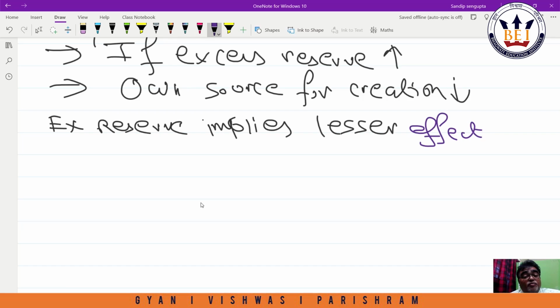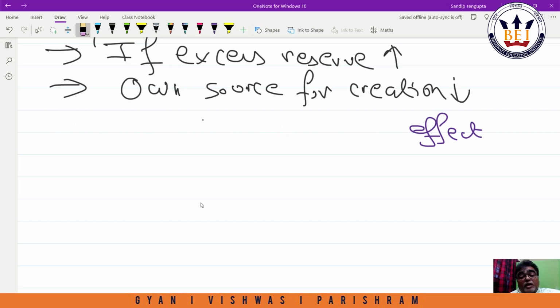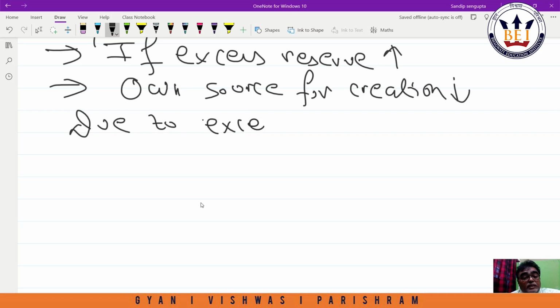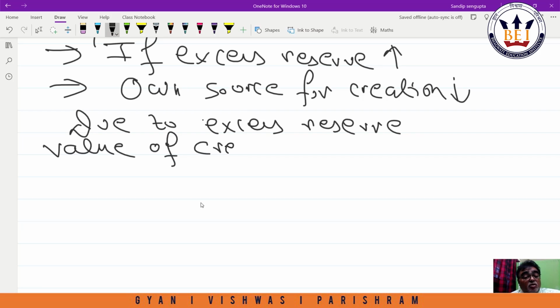More specifically, I can write in detailed language: due to excess reserve, the value of the credit multiplier decreases.